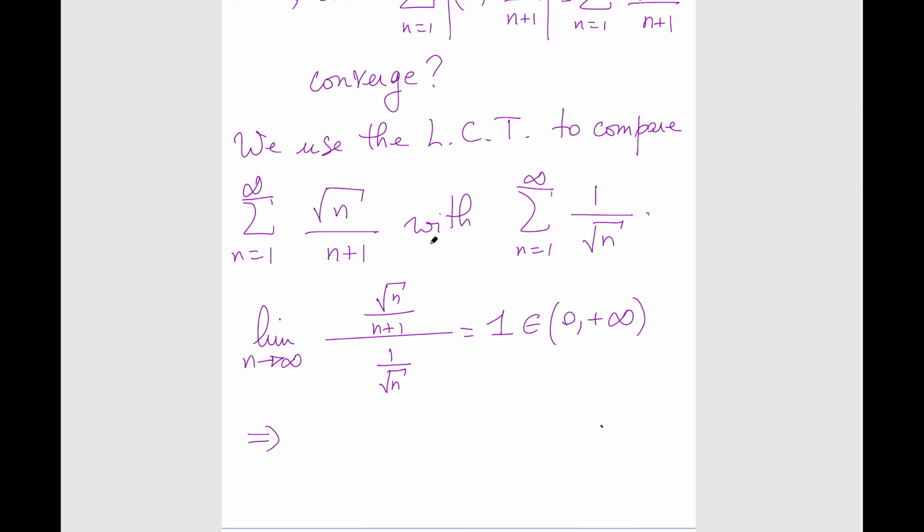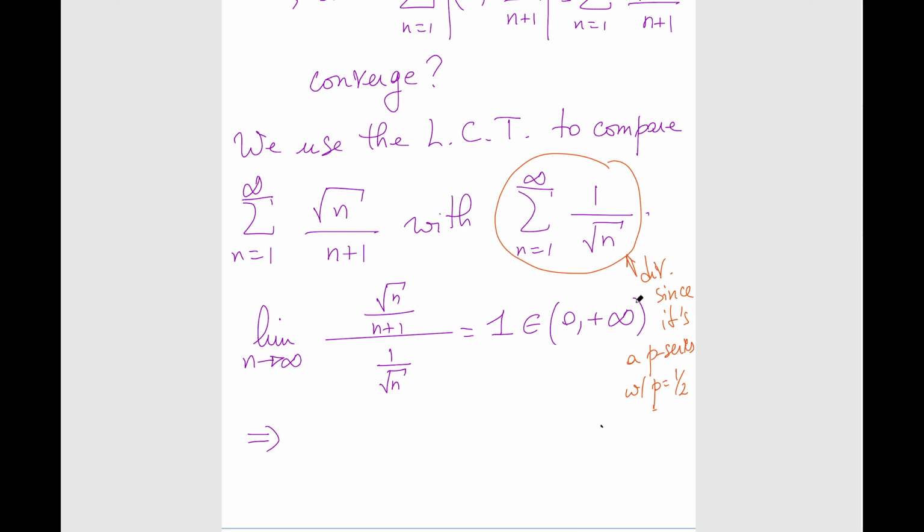And what's the nature of this series? Is it a convergent or divergent series? This is a divergent series. Why? Because this is a p series with p being half, which is smaller than 1.